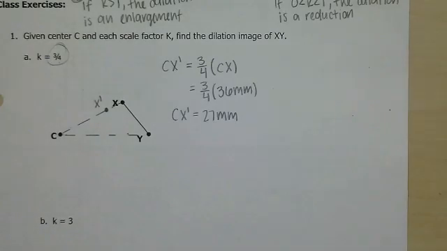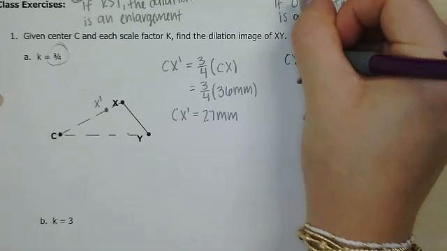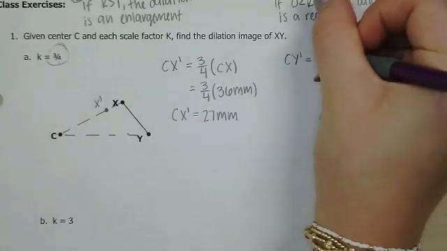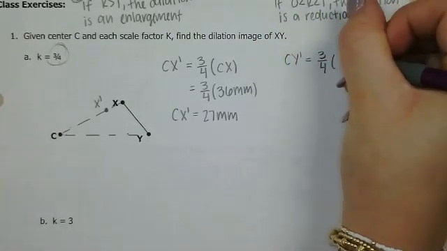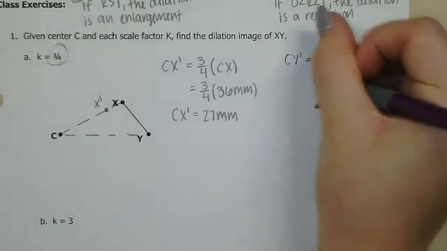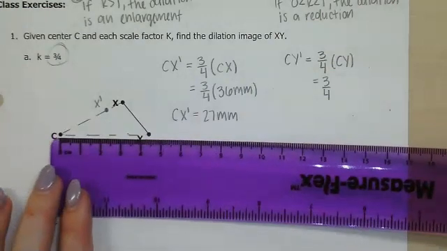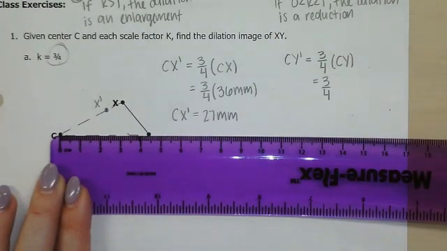Okay, now I'm going to do the same thing for y. So I'm looking to find cy prime. So that means I'm going to have to multiply my scale factor times the original cy. So I'm going to take my ruler and in millimeters measure that out.